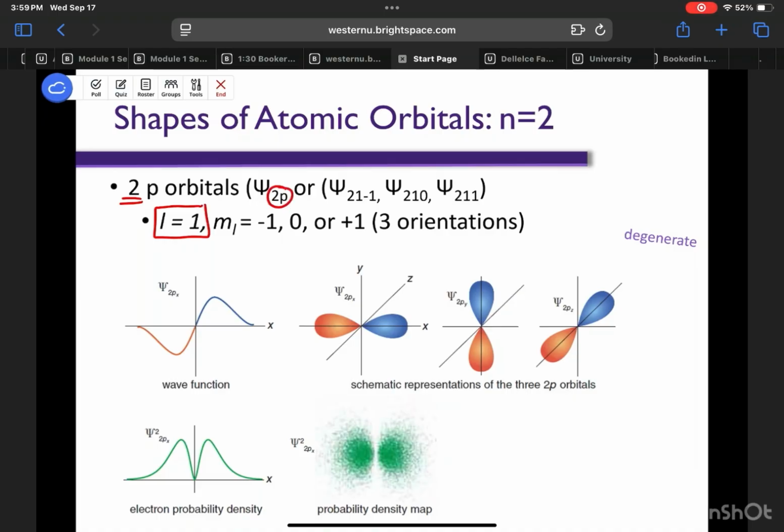Well, the third quantum number, that magnetic quantum number, ML, can go from negative L to positive L. Since L is now 1, that means ML could be negative 1 or 0 or positive 1, which tells us we have 3 orbitals that are 2p orbitals.